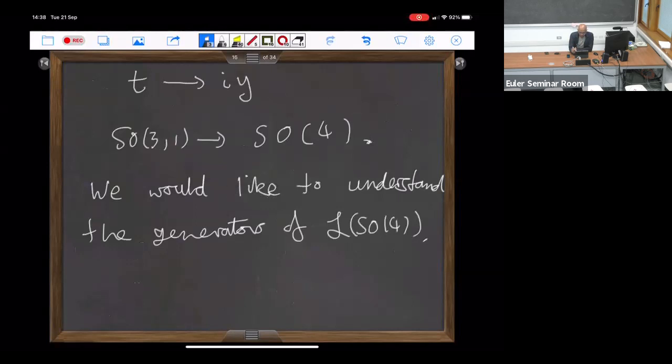Okay, well, let's do this analytic continuation that I talked about before, which would then take SO3,1 to SO4.